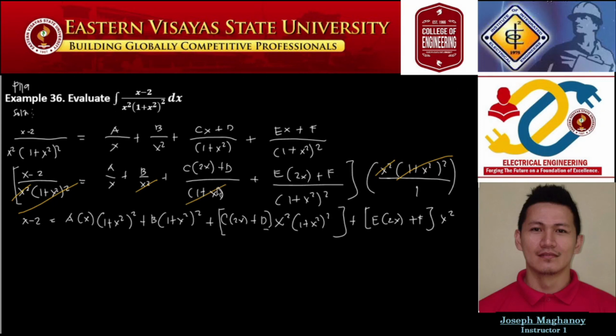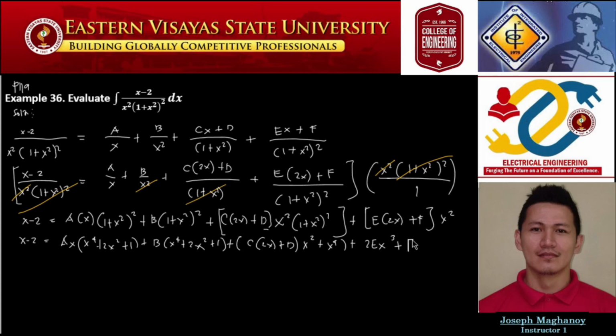Okay, so we multiply. You have Ax multiplied by (1 + x squared) squared, so that is x to the fourth plus 2x squared plus 1, plus B, expand, that is x to the fourth plus 2x squared plus 1, plus C, 2x plus D, multiply this one, this is x squared plus x to the fourth, plus 2Ax cubed plus Fx squared.